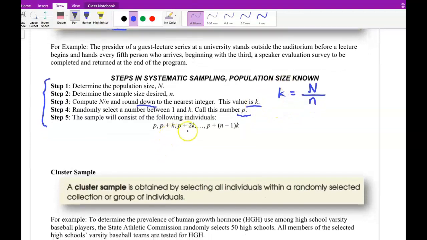Then the next one is p plus 2k, or in other words p plus k plus again k. So adding k to each one.